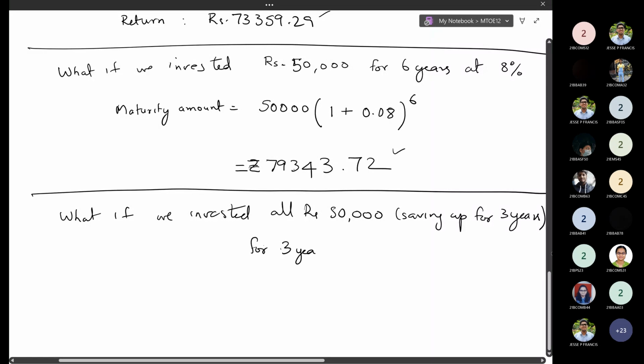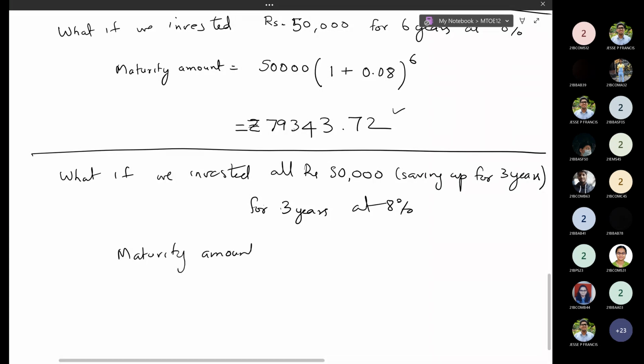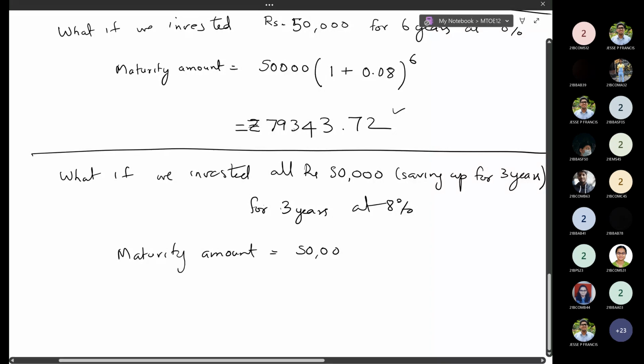What would be the return? Maturity amount will be 50,000 into 1 plus 0.08 to the power 3, because you're getting interest only for the 3 years you're investing.